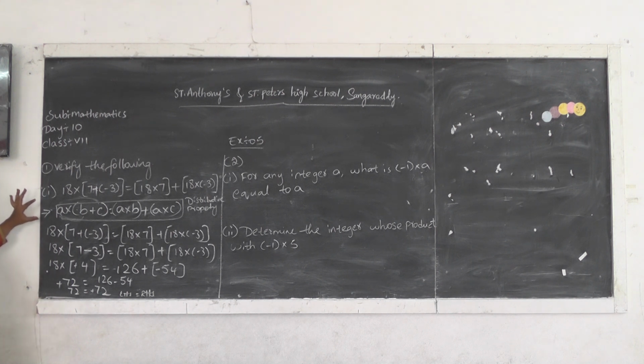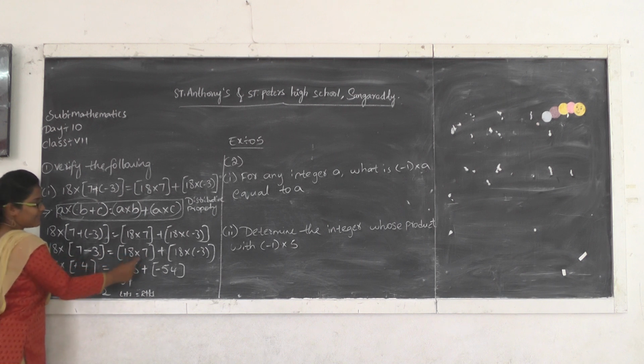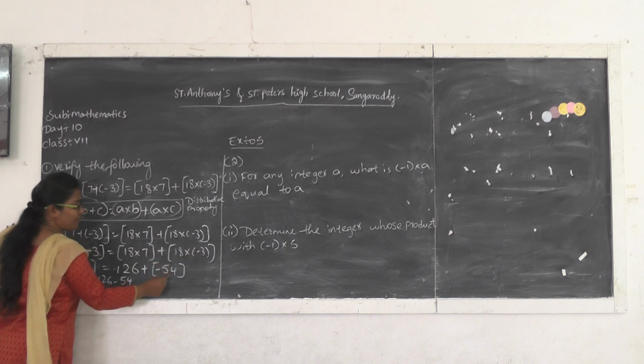Now let's see once again. First we have to identify under which property it comes. It comes under the distributive property. Then first we simplify the symbols within the brackets. One positive, one negative, so negative. In the next step, we simplify the terms in the bracket: 7 minus 3 is 4, equal to 18 sevens are 126, 18 threes are 54.